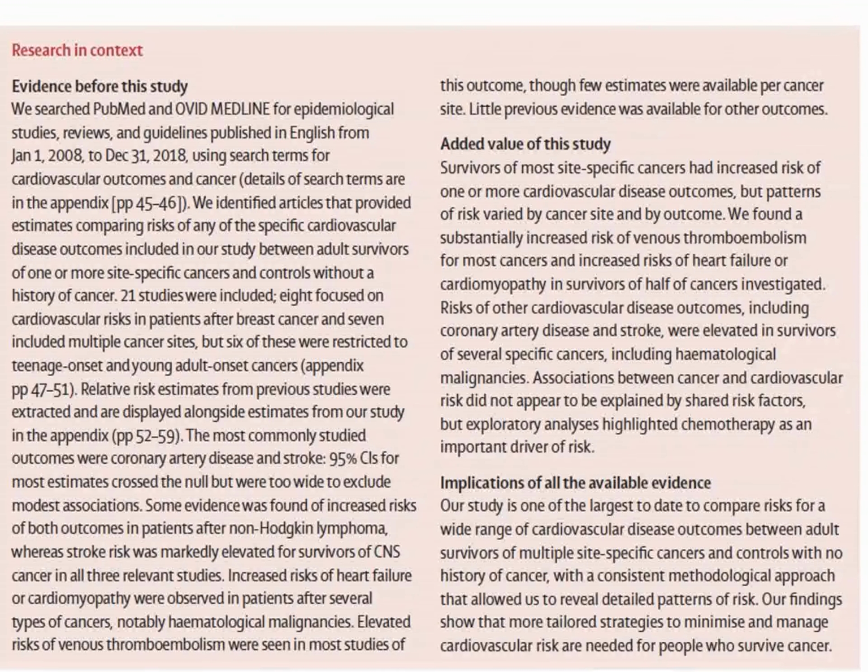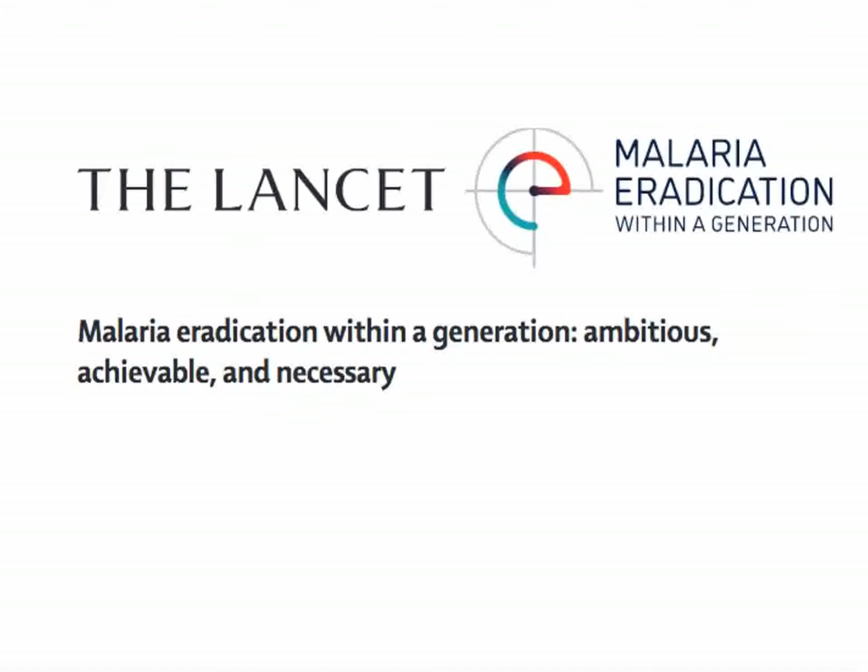So the added value, survivors of most site-specific cancers had increased risk of one or more cardiovascular disease outcomes. I guess that's not surprising. Take-home message, venous thromboembolism was particularly prominent, but I think that we know that these malignant diseases are associated with an increased risk of thromboembolism, and so physicians have to keep that in mind.